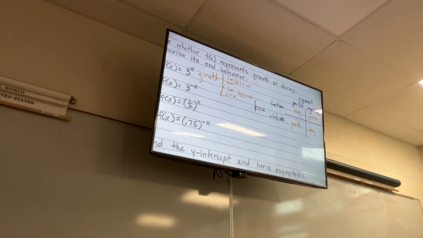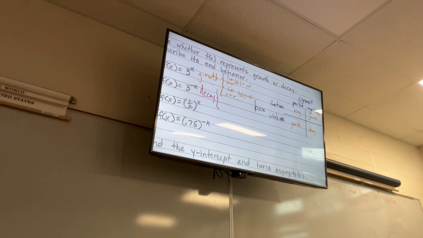Okay. Base is a whole number here or a fraction? Whole number. What about the exponent? Is it positive or negative? Negative. So it's going to be a decay. Okay.